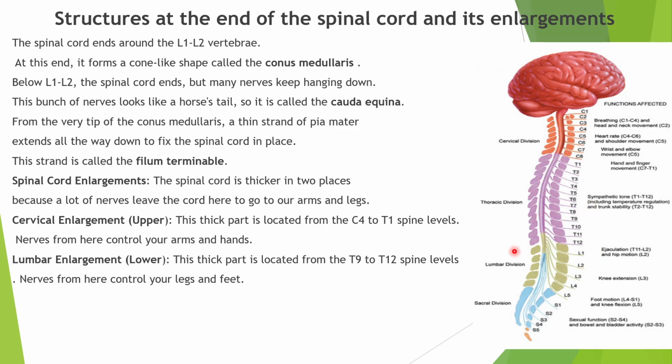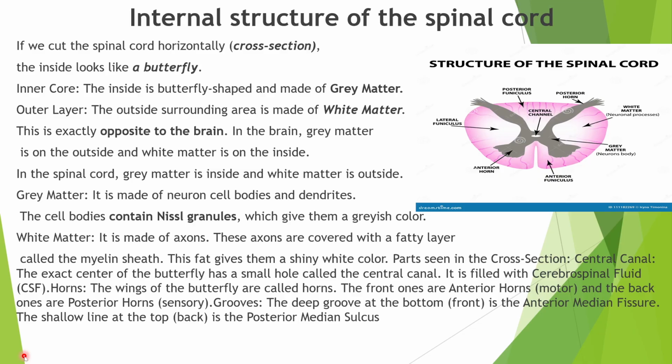Coming to the next, the internal structure of the spinal cord. If we cut the spinal cord horizontally, in a cross section, it looks like a butterfly. Inside the butterfly there is gray matter, and the outer surrounding is the white matter.